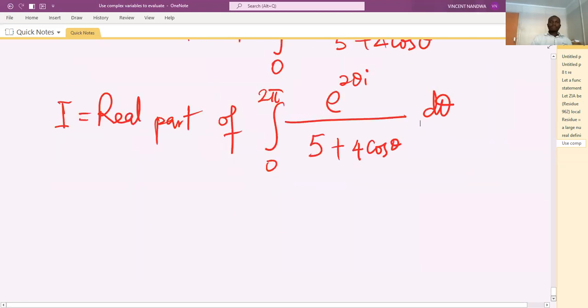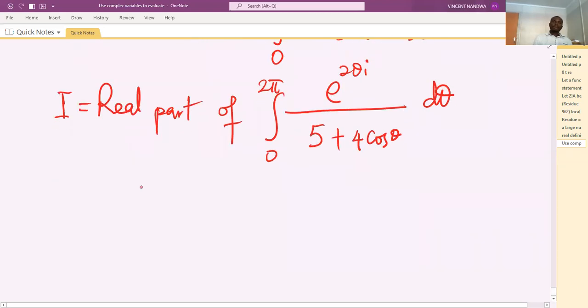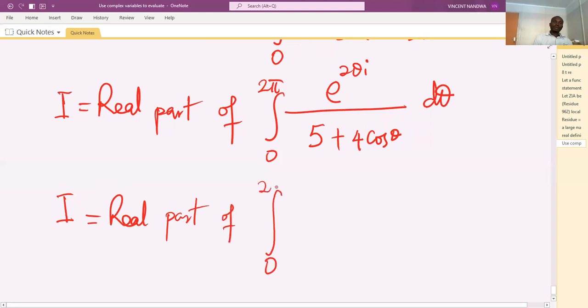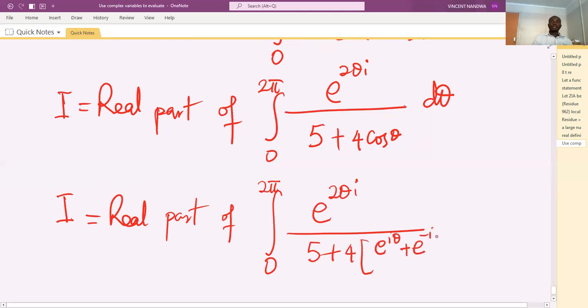So the same integral can be written as real part of the integral from 0 to 2 pi of e raised power 2 theta i over 5 plus 4 cos, which is the same as e raised power i theta plus e raised power minus i theta divided by 2.